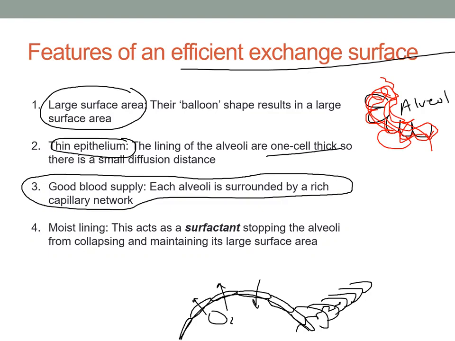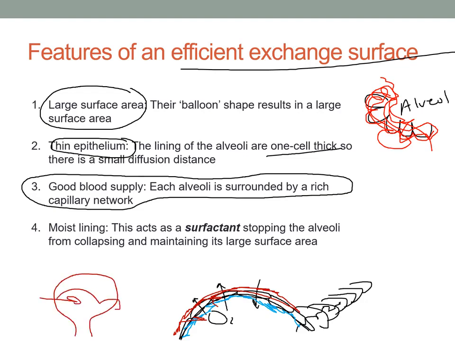And finally, the inside of the alveoli is moist, and it's moist because the outside is blood. It's kind of fluid. Now, if you had a dry inside lining, then you get tension forces between the two. So you'd have tension in between here, and actually the shape of an alveoli would cave in.